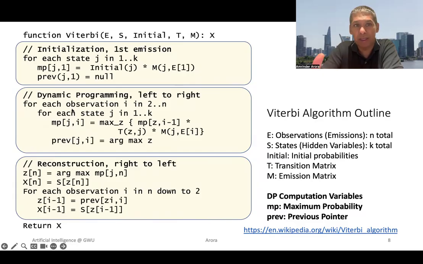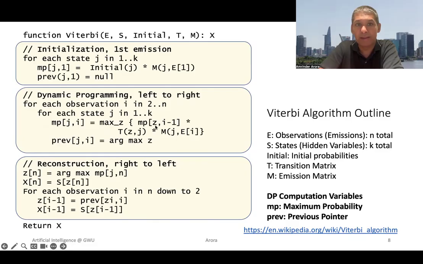Then we start building it column by column. That's the dynamic programming recursive step going from left to right. For each observation i in 2 through n, 2 because we already built out 1, and for each state j, those are the rows of the matrix, MP_j,i is equal to the maximum value of looking at the previous column, looking at the state that gives us the best product.